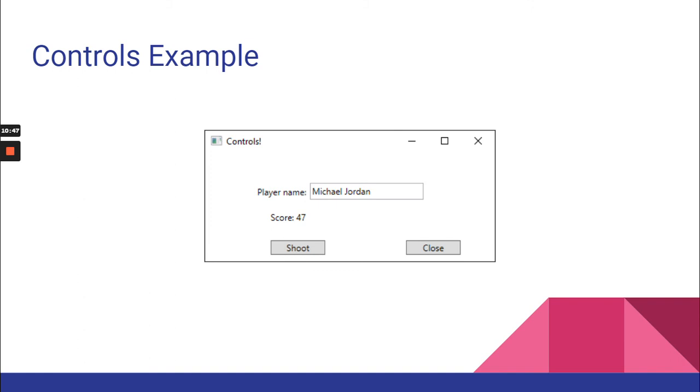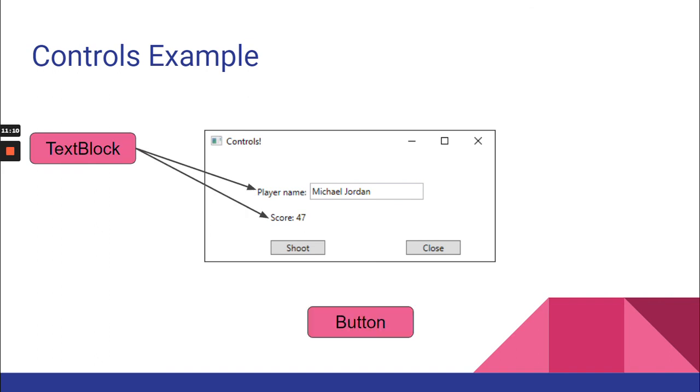This is a text box. Usually the text box has this outline, and you can click in it and start typing. Obviously, these are two buttons. So we've already gone through these text blocks, buttons, and a text box.